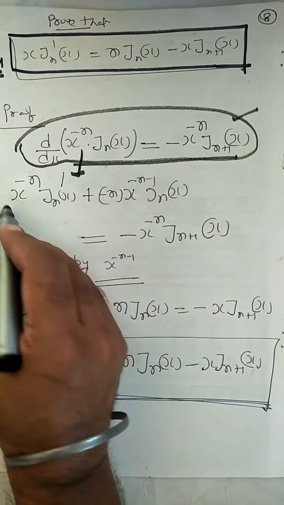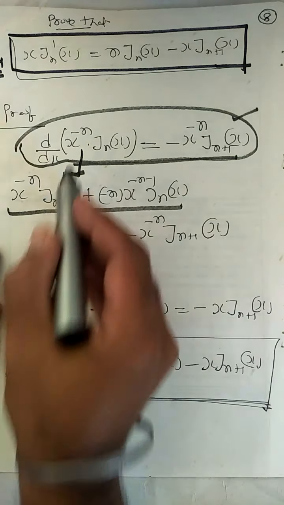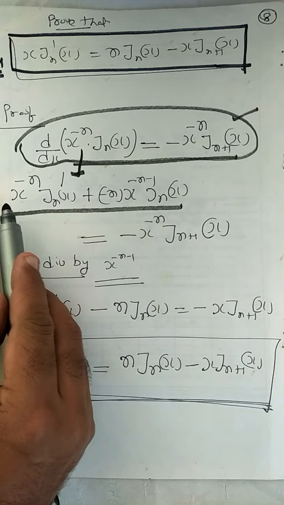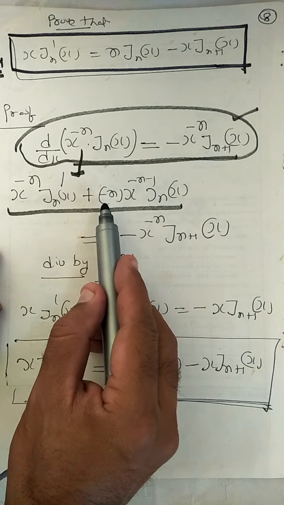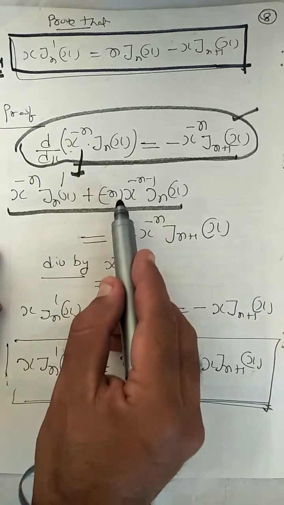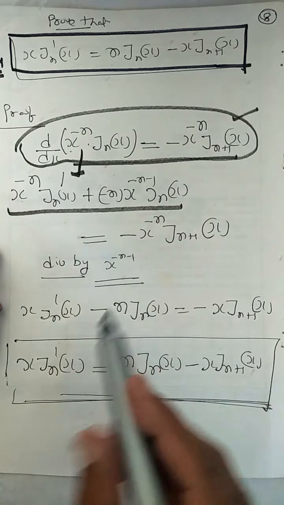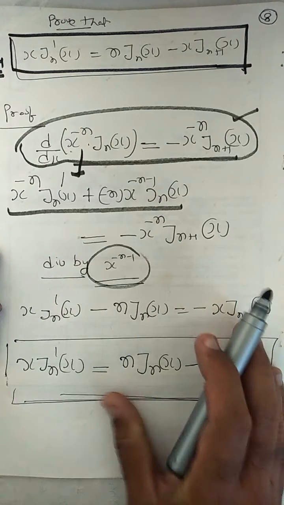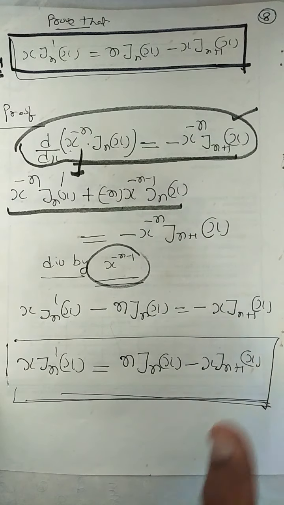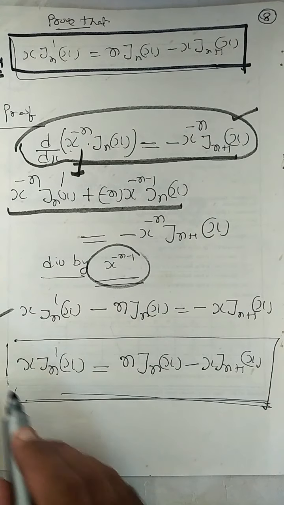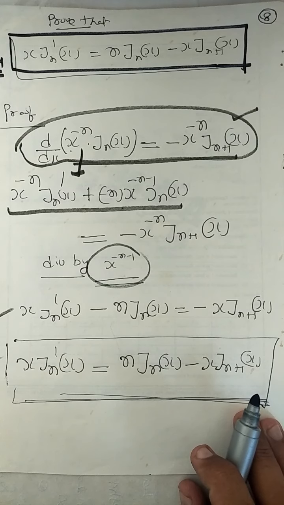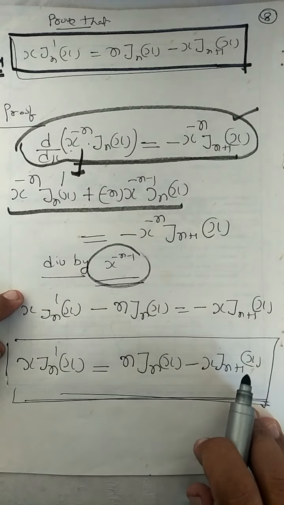Differentiate this side by product rule: x^(-n) J_n' minus n x^(-n-1) J_n is equal to this, divided by x raised to the power minus n minus 1. So you will get recurrence formula number 4.